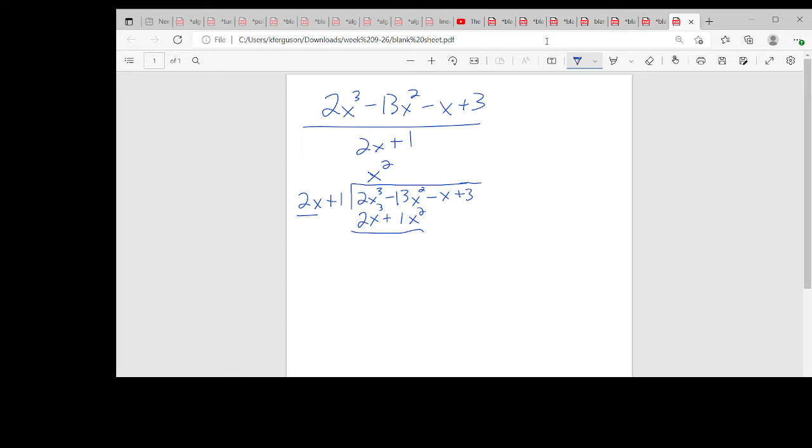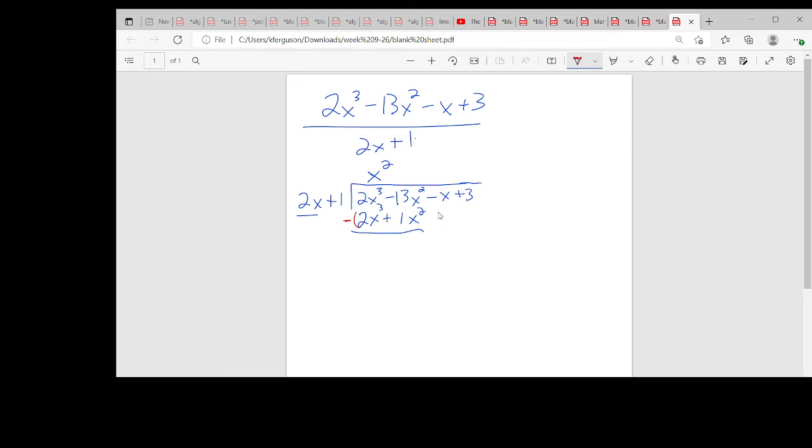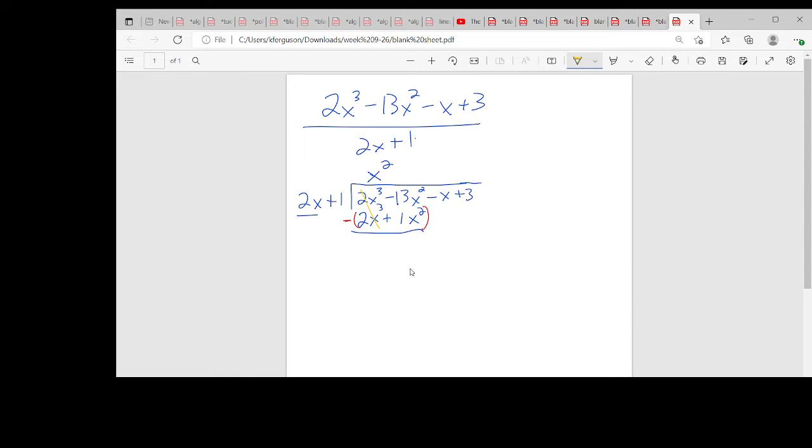Now, here's a step that you can't forget. You cannot forget that you're subtracting this. So you go through and change both the signs. So when I subtract, I got 2x to the third minus 2x to the third. They cancel each other out. Say it again, sir. Yes, sir. Yep.